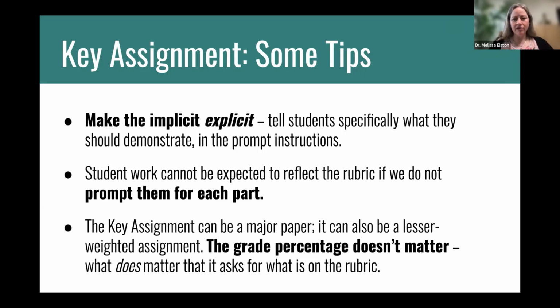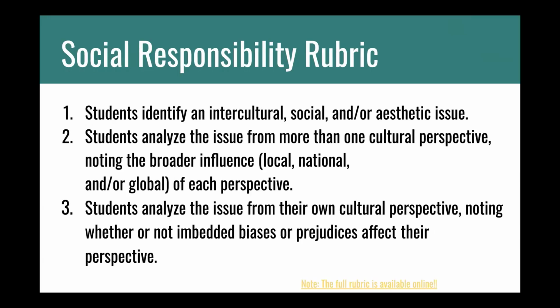Okay. Any other tips or tricks from those of us who've been doing this for a while? Okay. I have a question. Actually, this is Aurora here. I'm in sociology and we have to rate 4 of the 6 ILOs.